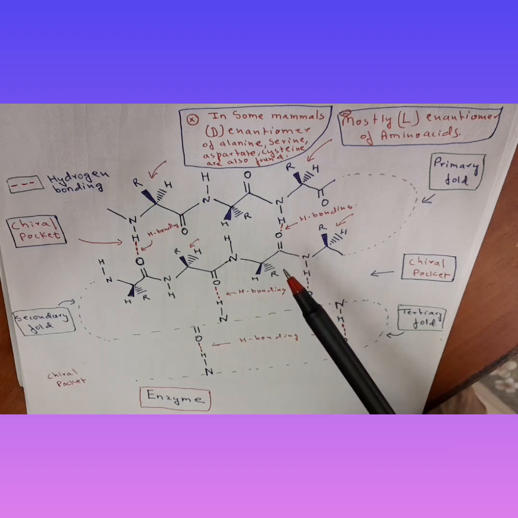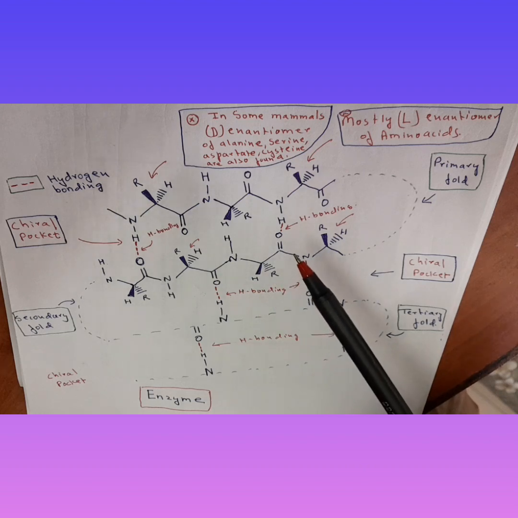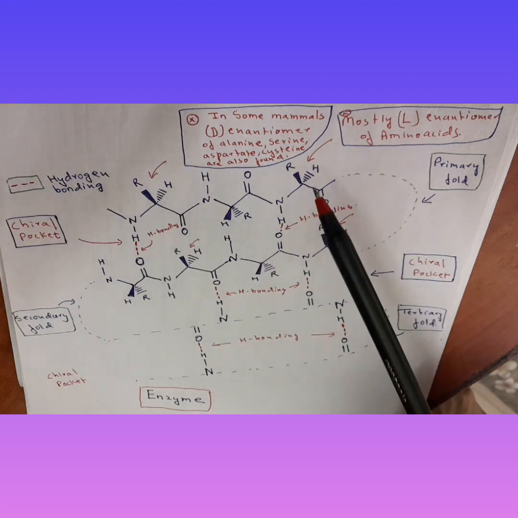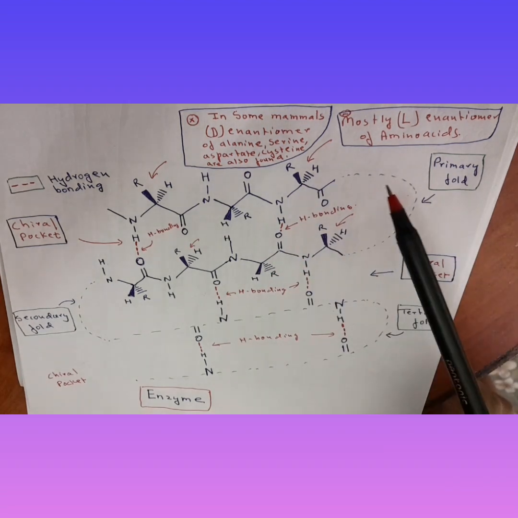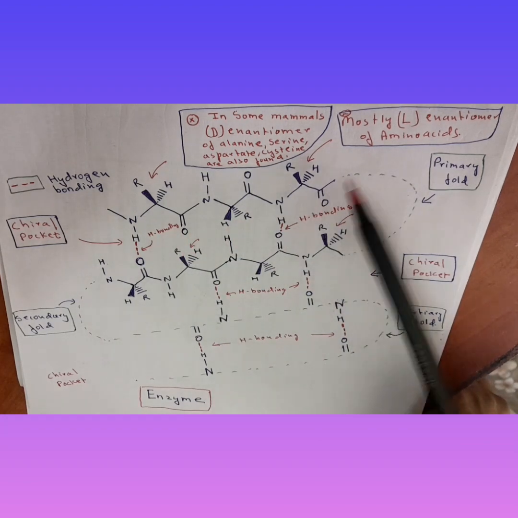It reacts with one of the enantiomers, but with the other enantiomer it won't react. If at all it reacts, it won't react the same way as it reacts with the counterpart. Alright, so this we have already seen in my earlier videos. Now some more information, data that I have given. Mostly these amino acid enantiomers which are there, they are L enantiomers.